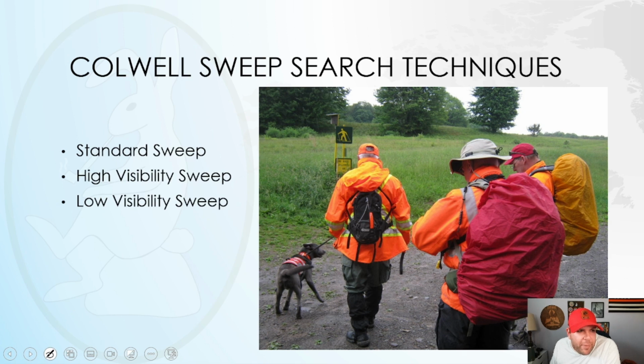We'll talk briefly about the Caldwell sweep search techniques, because they're referenced quite a bit in a lot of search and rescue texts. A lot of the same ideas and theories that we've already kicked around with how we space our searchers in type 2 and type 3 searches. I'm calling them out specifically because the criteria here is just a little bit different, and I feel like it's noteworthy.